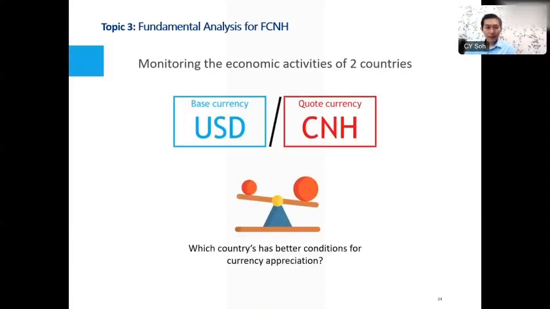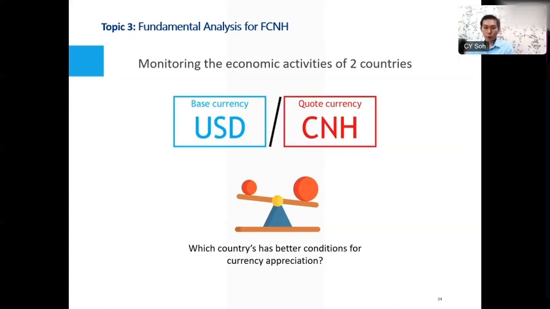Now, back to this diagram, when we analyze the fundamentals of a currency, we are actually monitoring the economic activity between two countries. So it's unlike trading FCPO or even FKLI index futures, where you can look at an individual standalone thing.